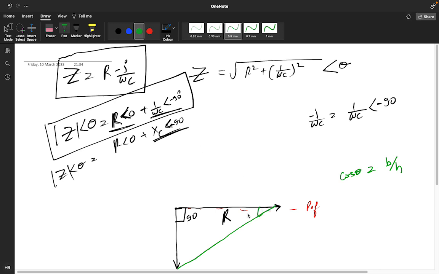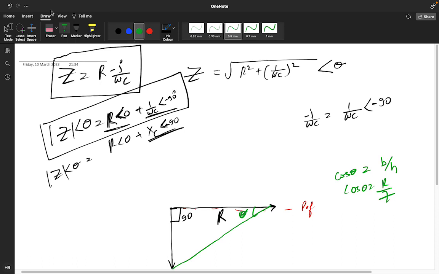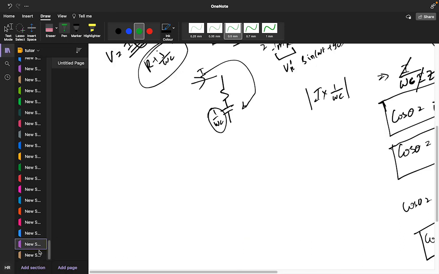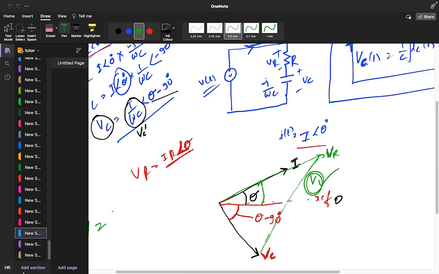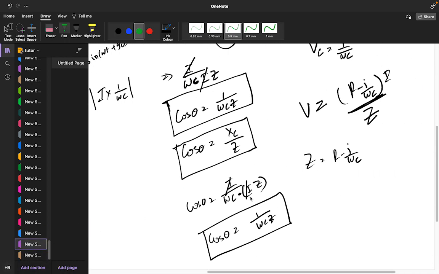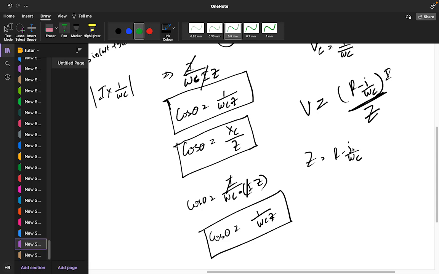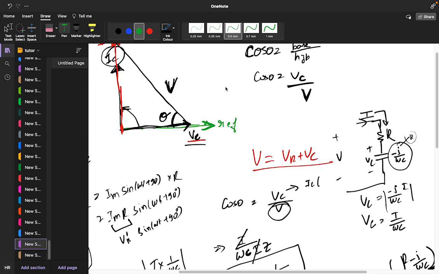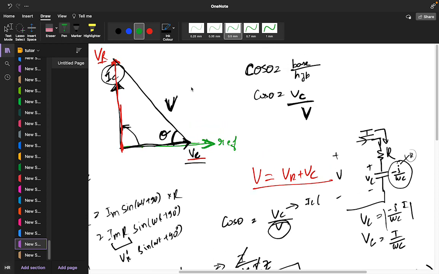But if you take theta here, then cos theta will be R by Z. R by Z. So we got something here, which means we did some mistake. Let me correct it, because we will get R by Z here also. Yeah, that's why. Sorry guys.